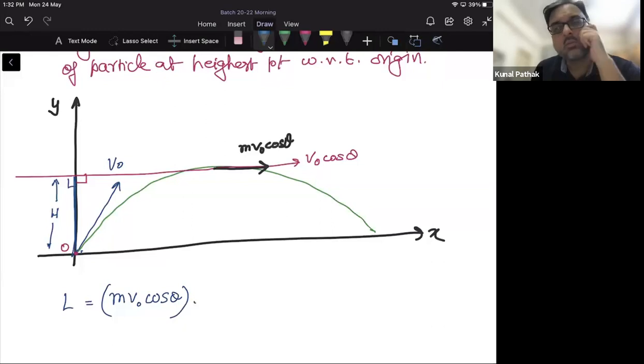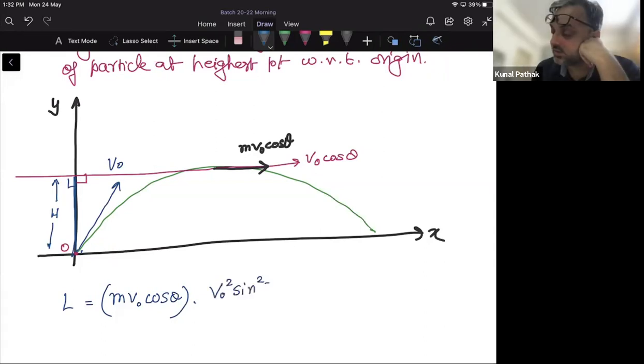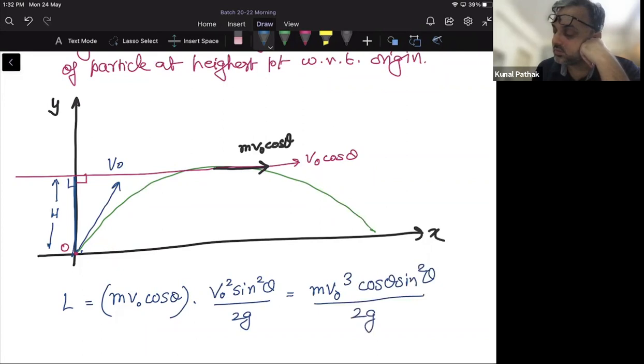Maximum height is uy square by 2g, which is v naught square sine square theta by 2g. So this would be m v naught cube cos theta sine square theta. This would be the angular momentum.